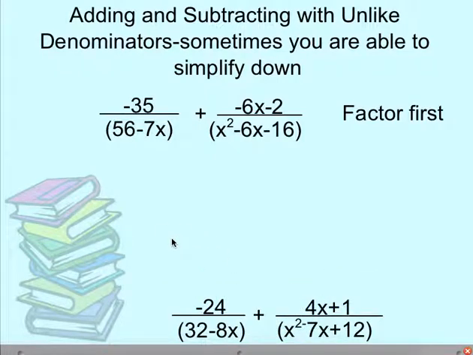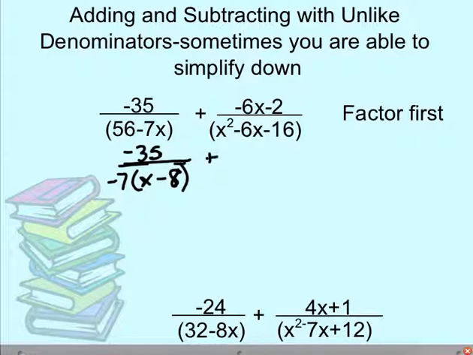All right, so here I'm going to factor, and I'm going to get negative 35 over, and I'm going to factor out a negative 7 to get an x minus 8. So negative 35 over negative 7 times x minus 8.